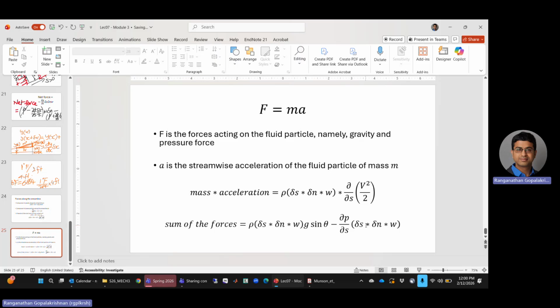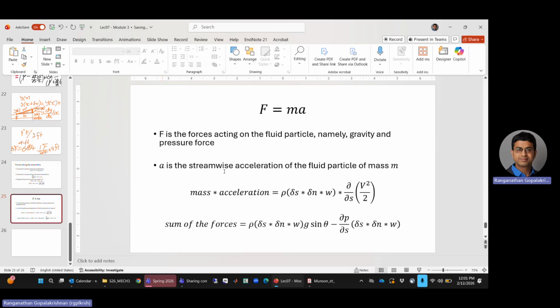The sequence of thought led you to first compute the forces along the streamline or streamwise direction and the acceleration along the streamwise direction, and then we are going to finally equate these two. Okay, we'll do that now.